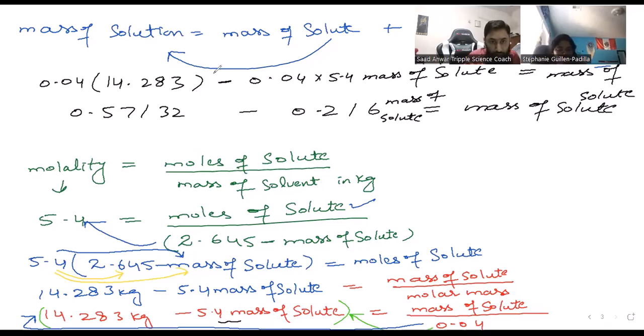What do I do now? Keeping 0.57132 here, I would bring this factor to the other side.